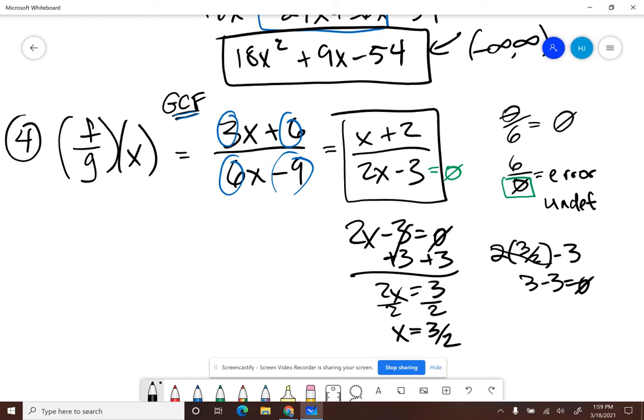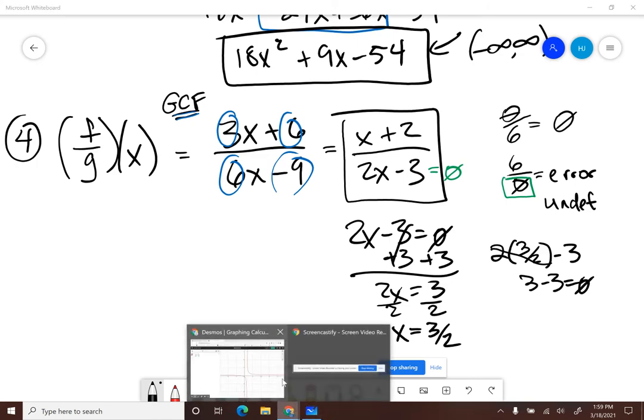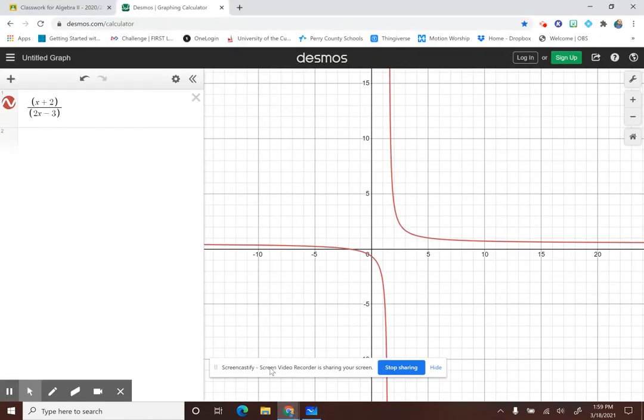So what I want you to understand, and what our graph is really showing us, is that this graph is fine. Let me go back to that real quick. This graph is fine as I'm going along the x-axis, but all of a sudden when I get to 3/2, which is actually 1.5, I want you to notice what happens here. Look at this. This line gets extremely close to 1.5, but it never ever gets there. This top line gets extremely close to 1.5, but it never ever gets there, okay?